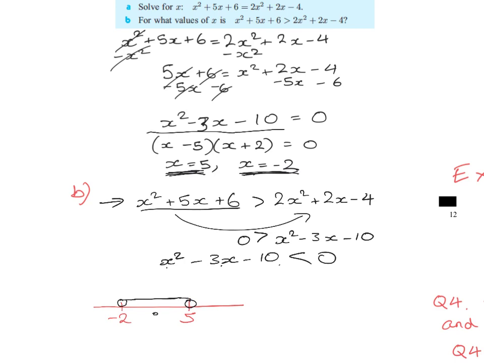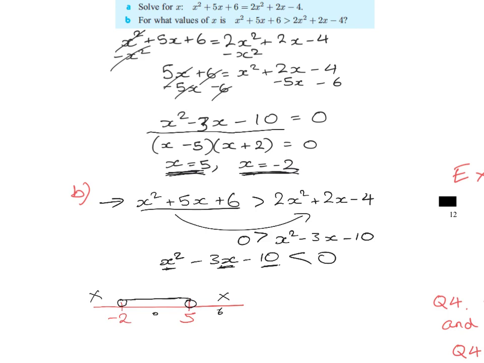Now, I can also check the outside, but I already have a feeling it won't work. So, for instance, a number over here is like 6. So 6 squared is 36, minus 6 times 3, 18, so that would be 18, minus 10 is 8. That's not less than 0, so that's not good. Similarly, this won't be good either.